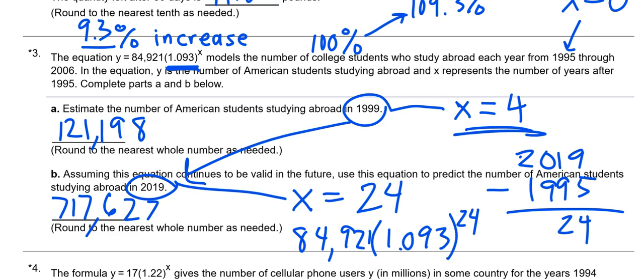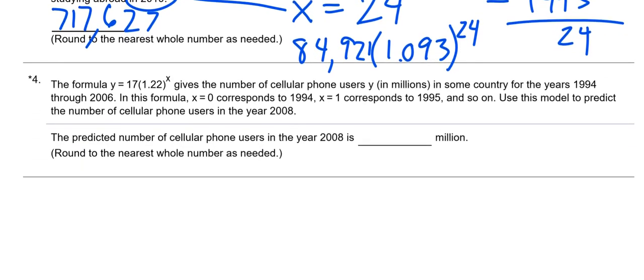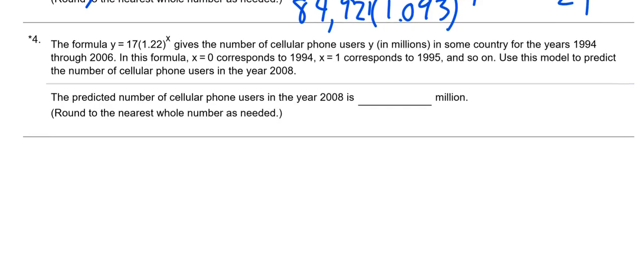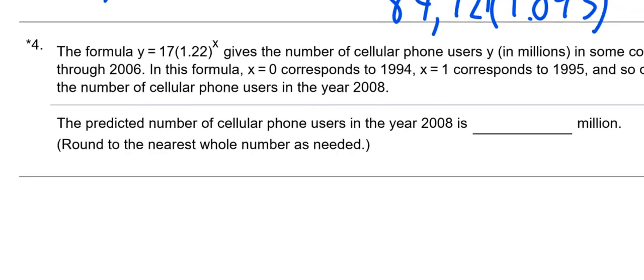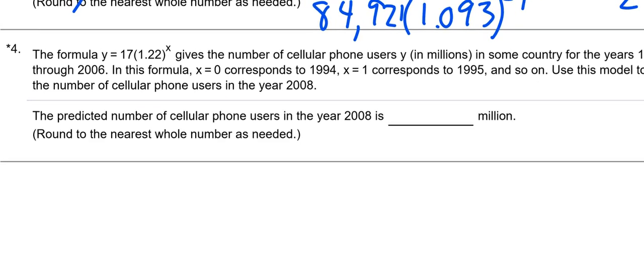717,627. Okay, question 4. The formula gives the number of cell phone users in millions. Folks, that's important right there, in millions. So what does this 17 number represent?